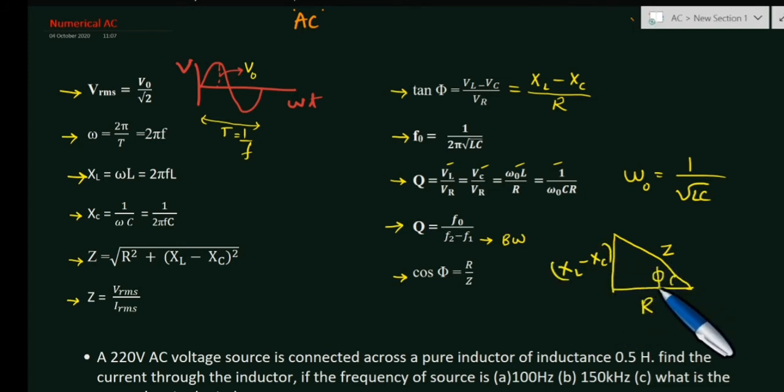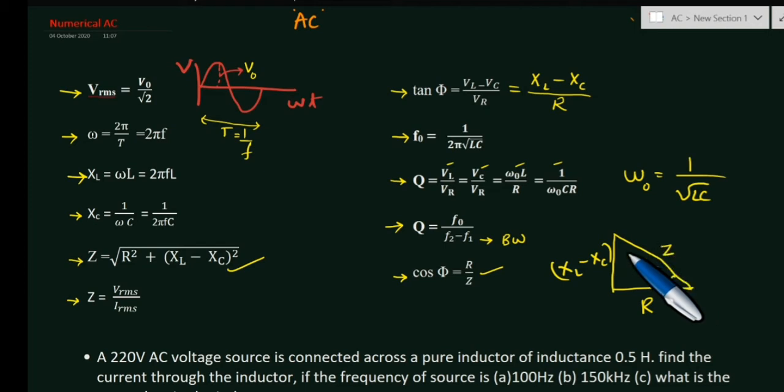If you use the Pythagoras theorem for this triangle, you will get the value of Z, and if you take cos phi, you get the power factor, and tan phi is equal to XL minus XC divided by R, which can also be found using this impedance triangle.